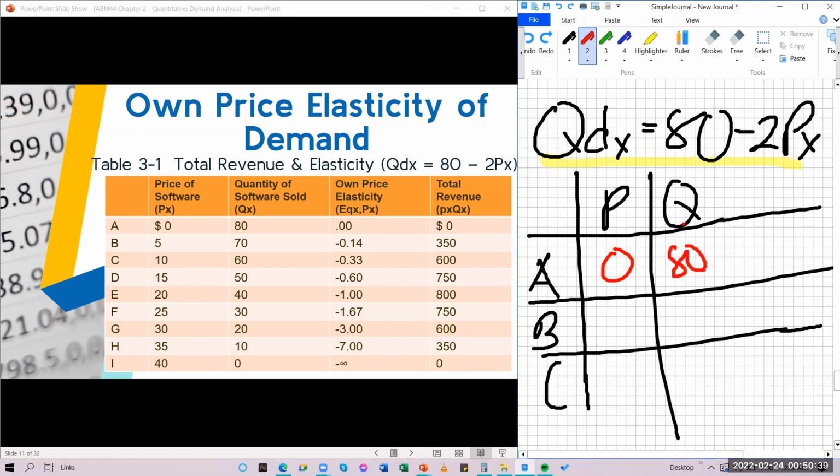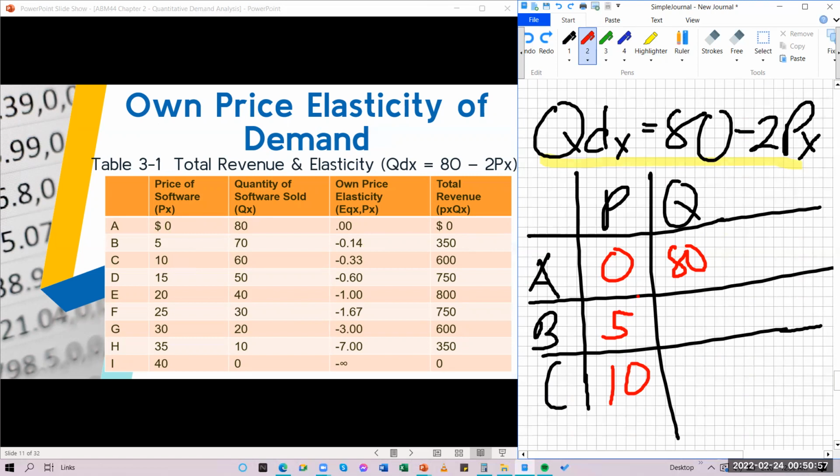As easy as that, you just need to fill in the blank. For example, you decide what numbers to put. I will probably put prices of 5 and 10, following the table. For example, the price is 5.